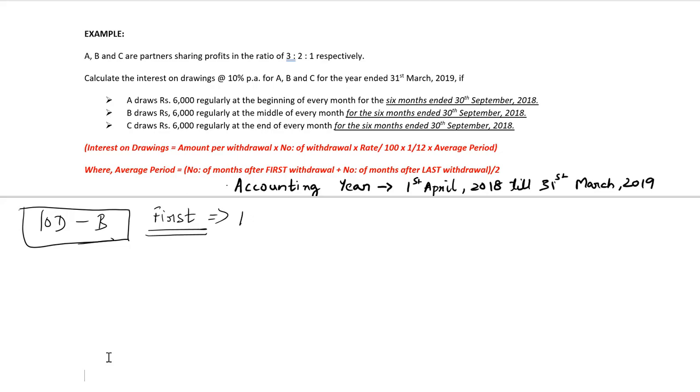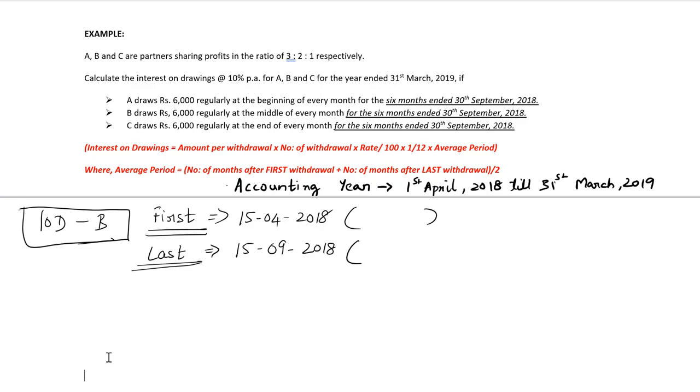First withdrawal 15th April 2018. Last withdrawal: middle of September, which is 15th September 2018.